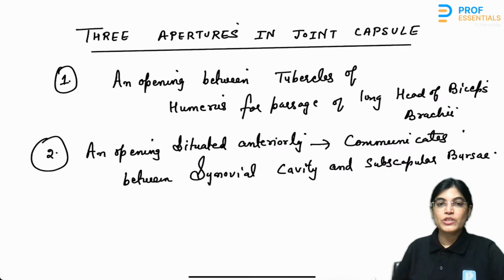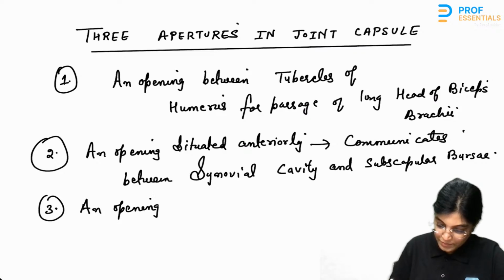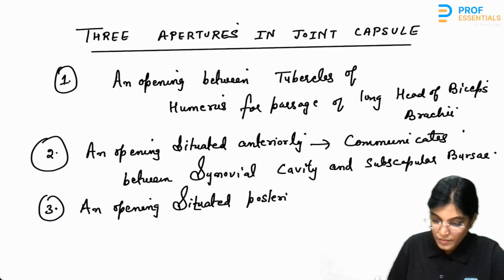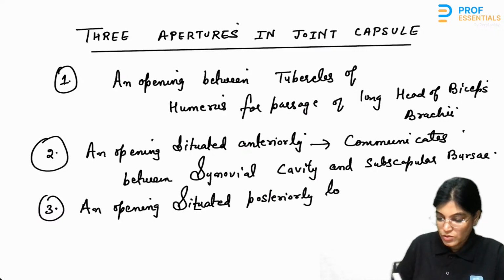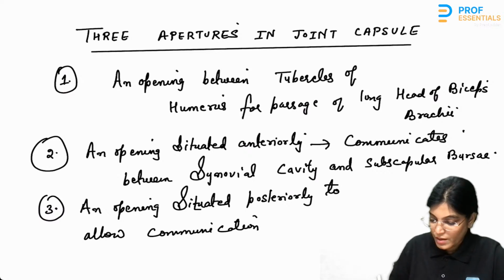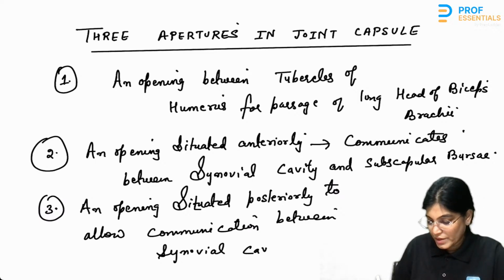And the other communication is located posteriorly. The third important one is an opening situated posteriorly, to allow communication between the synovial cavity and that of the infraspinatus bursa.